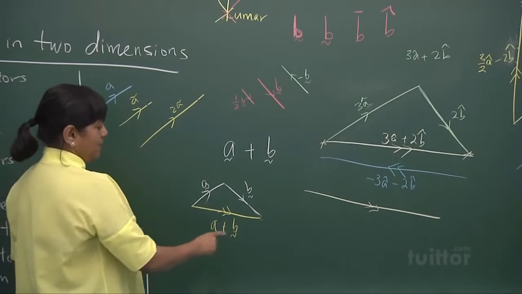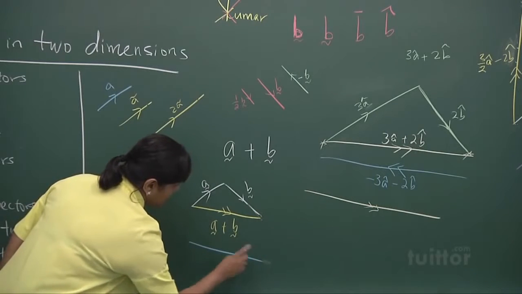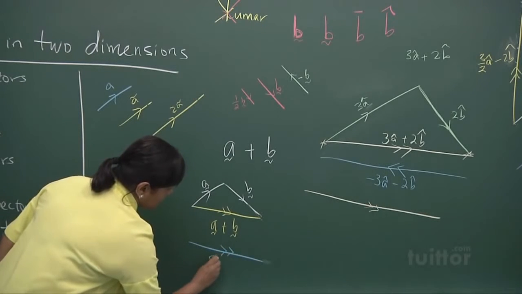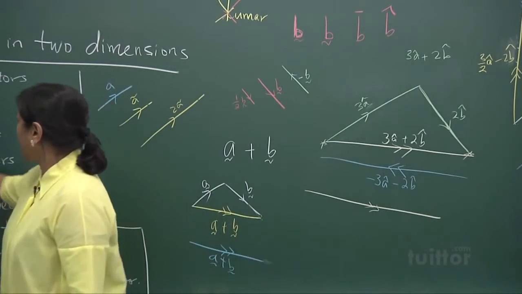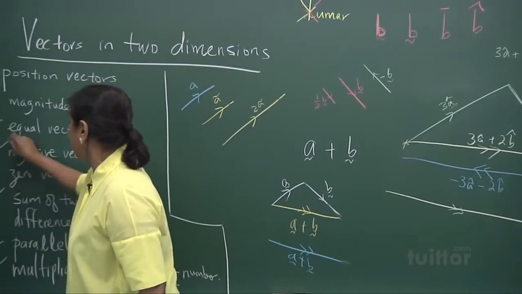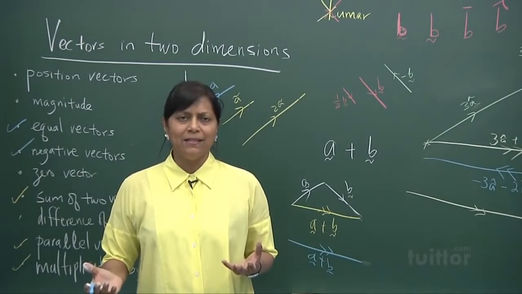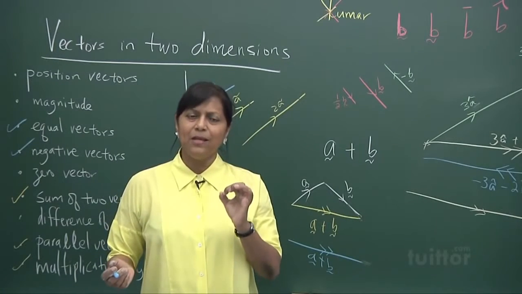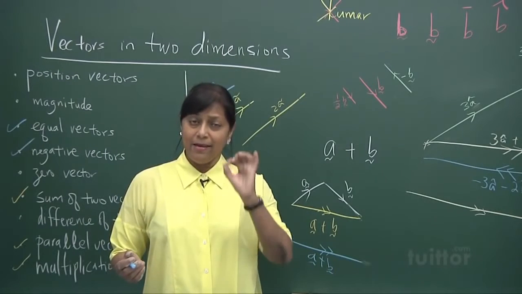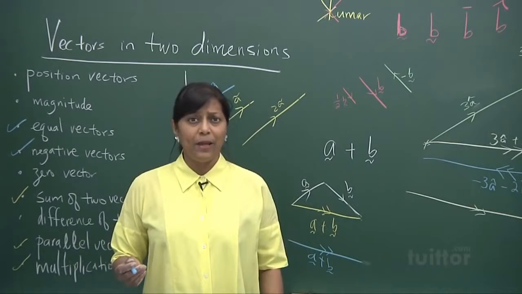Alright? So if I have an A plus B, and I have another vector here, same direction, parallel, this is an A plus B. Equal vectors. Now we've got to be familiar with this, and a zero vector means a vector which is just a zero. The magnitude is zero, and it's just a point. You don't know which way it's going.